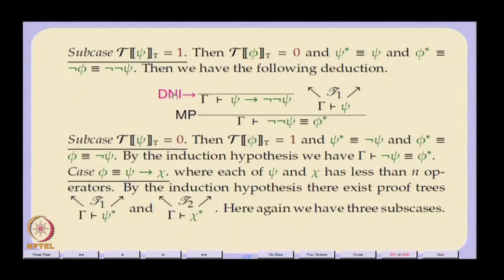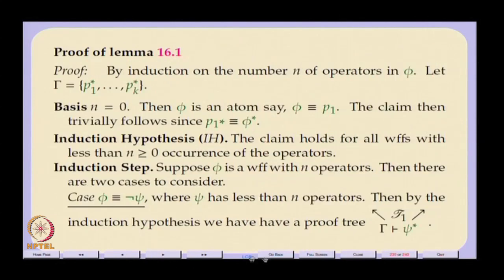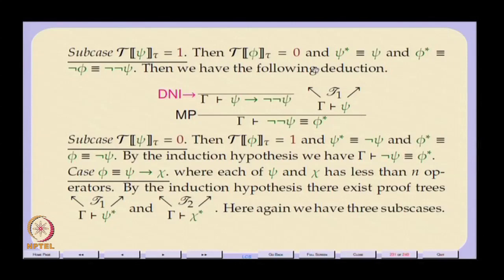And then this deduction essentially shows that from gamma you can prove phi star. So, this proof tree essentially shows this. Okay, given that we actually had gamma proves psi star, but I have written gamma proves psi here because we know psi star is the same as psi.